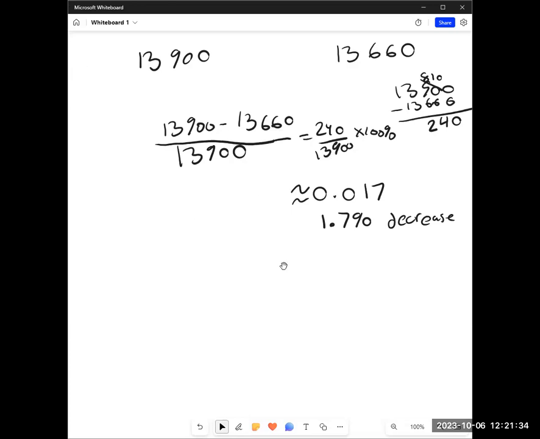All right, let's look at one more problem. A region's average movie theater ticket price in 2007 was $6.68.